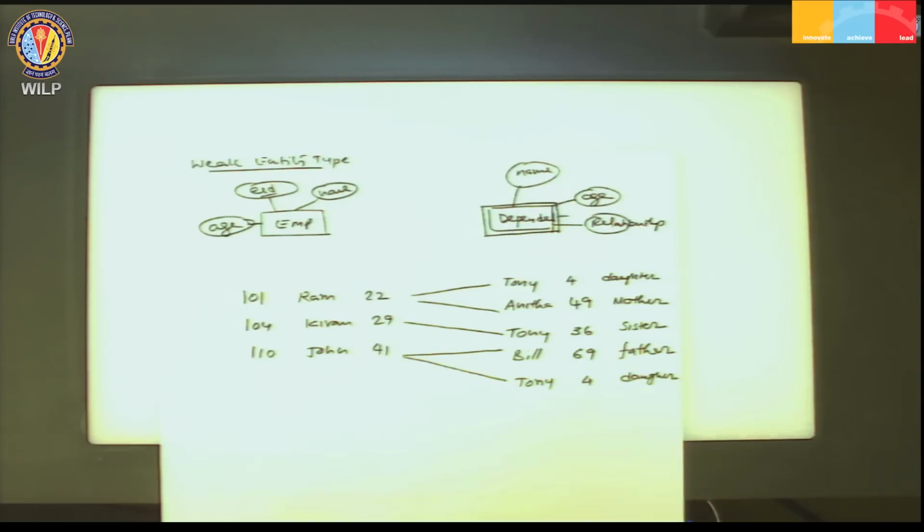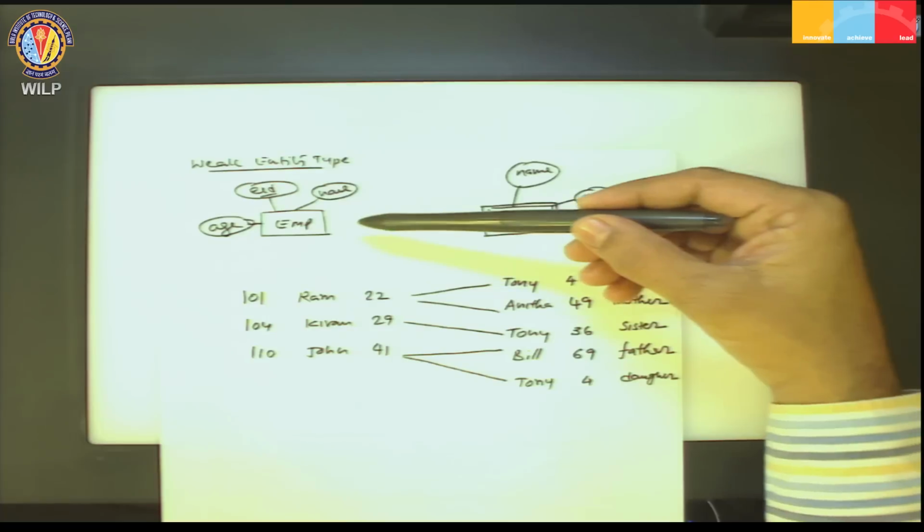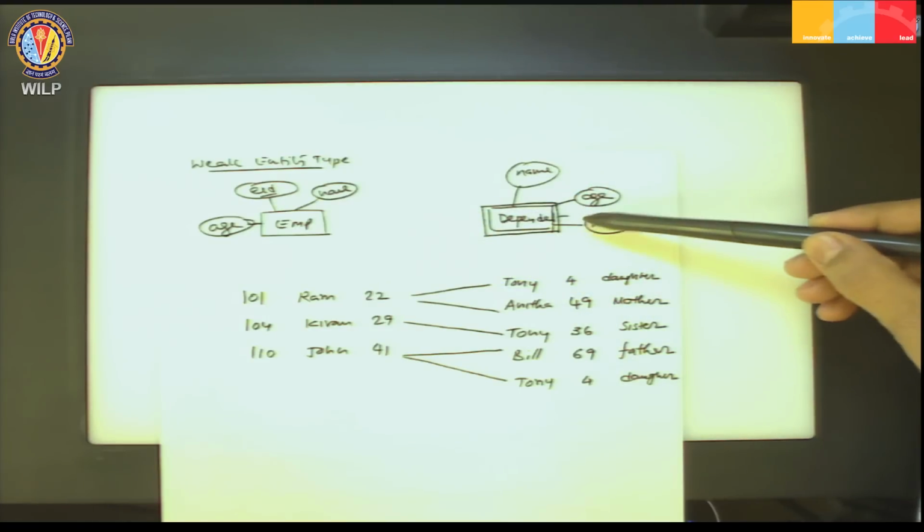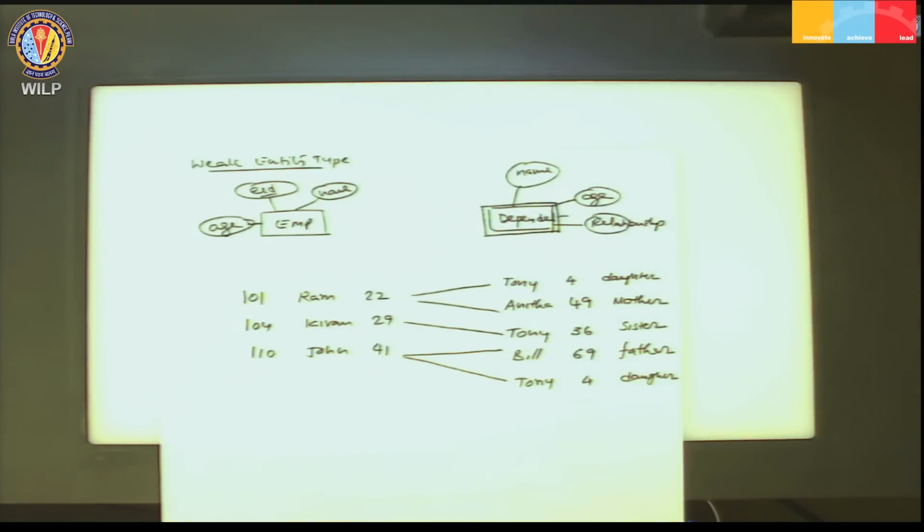We assume that we have an employee entity type and a dependent entity type. In a company we have employees, and we assume that each employee can have some dependents. The company rule says that an employee can have any number of dependents. Some employees may not have any dependent, and the names of the dependents of a given employee cannot be the same, but different employees can have dependents with the same name.